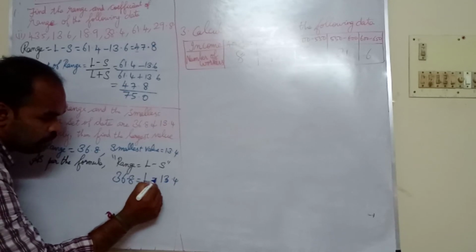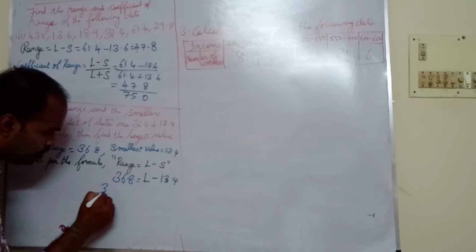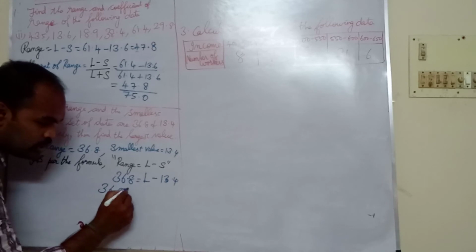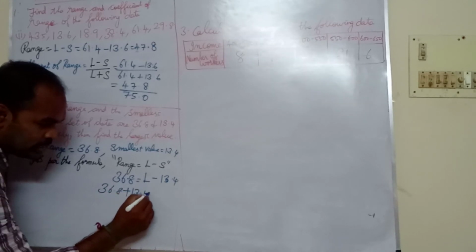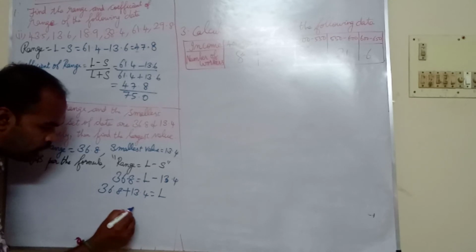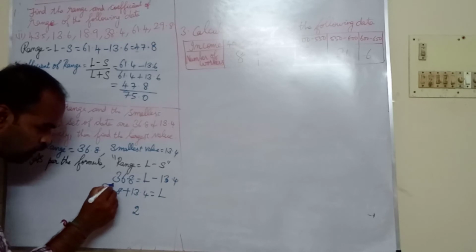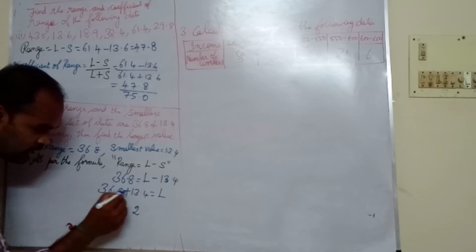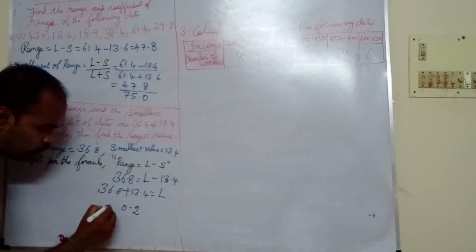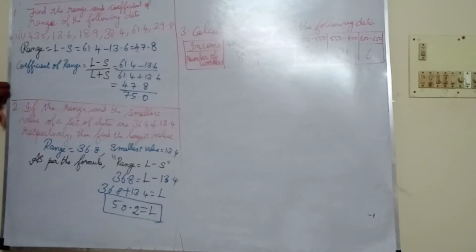Here minus 13.4 is there. If it comes to the left hand side, minus becomes plus. So 36.8 plus 13.4, how much? 8 plus 4, 12. Balance 1. 6 plus 1, 7. 7 plus 3, 10. Balance 1. 3 plus 1, 4. 4 plus 1, 5. So this is the largest value.